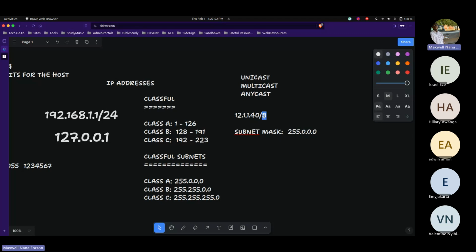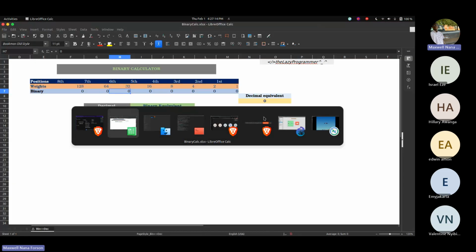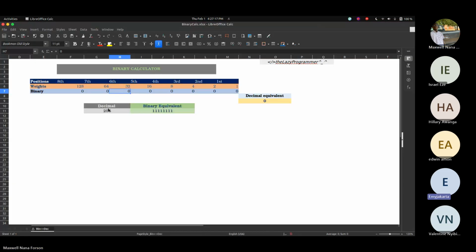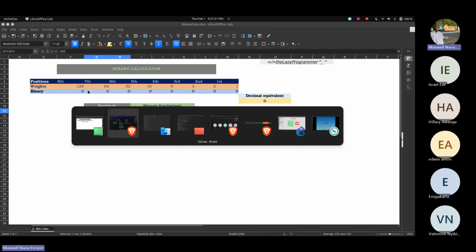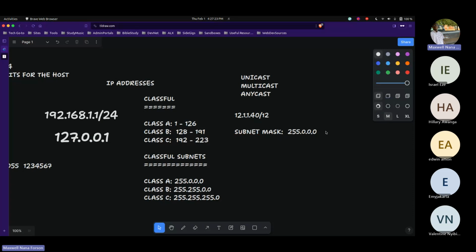If you had seen 12, that means that we have 8, and then we added 4 more. So that's going to look something like this if we put that into binary.